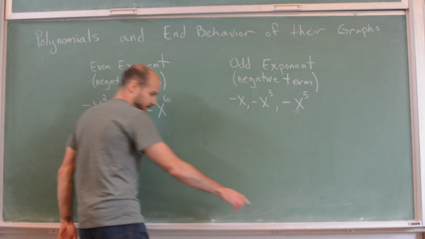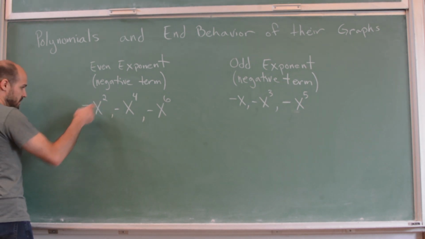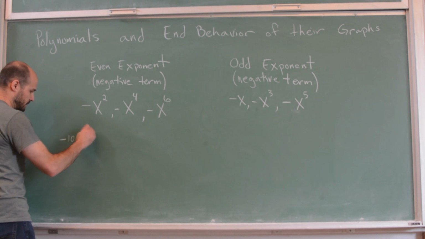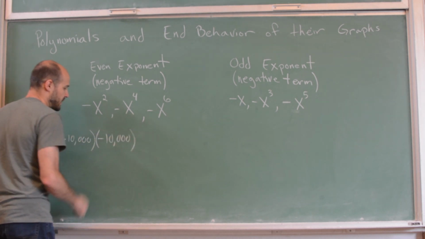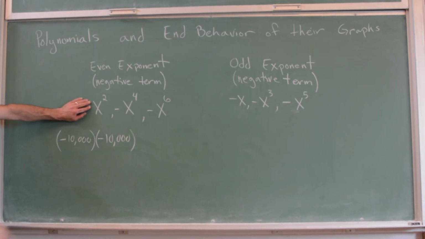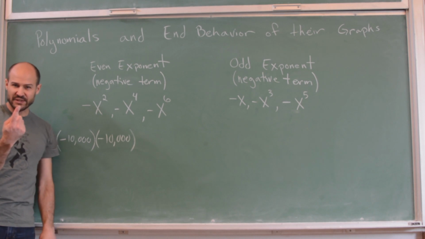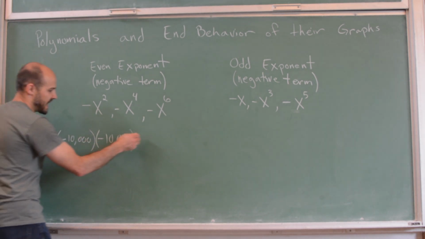So, for example, when we plug in that negative 10,000 two times, if this was positive, we would have gotten a positive. But now that we're multiplying it by a single negative factor, we're going to get a negative result.